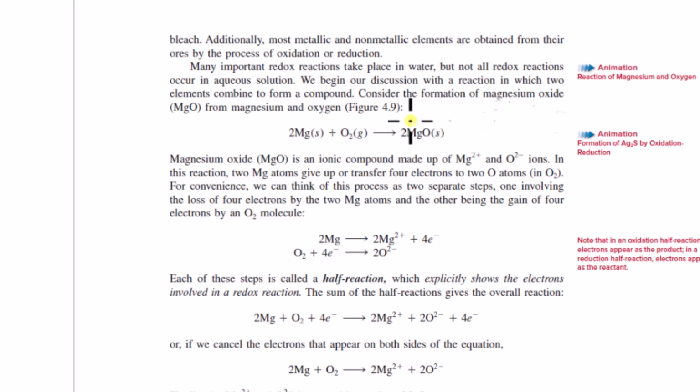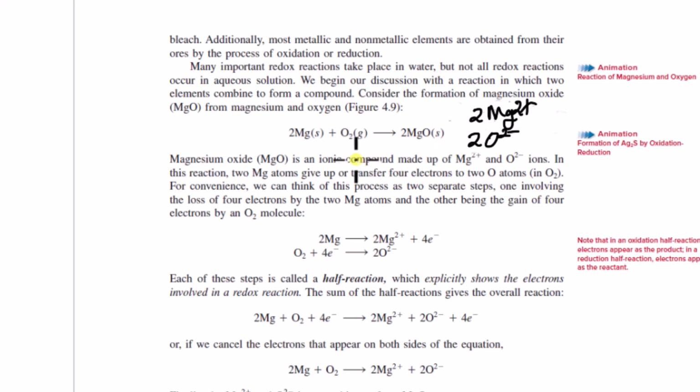Now what do we finish with on the product side? Well, 2 units of magnesium oxide, the ionic compound. But we know how ionic compounds work, it's a bond between ions. In this case, this is a bond between 2 magnesium 2+ cations and 2 O2- anions.